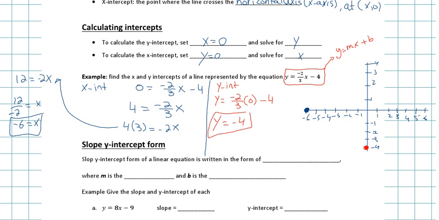B, and B is your y-intercept. So technically, I did not have to do anything. I could have just looked at this equation, y equals negative 2 over 3x minus 4, and said minus 4 represents my B, and B is my y-intercept. Okay? So let's graph the line.